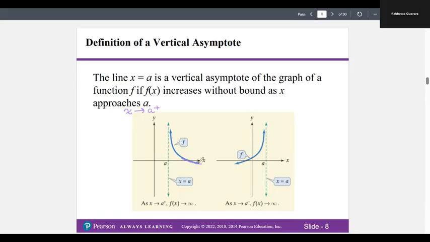So as I approach from the right, let me pick a new color for this. That shows up a little better. As I approach, and my x values keep going, my y values keep on going up and up and up and up and up. So we get f(x), this is our y, is approaching infinity. So we will call this line here a vertical asymptote.